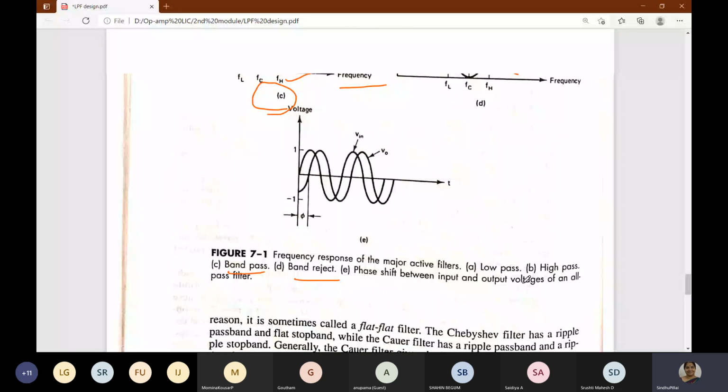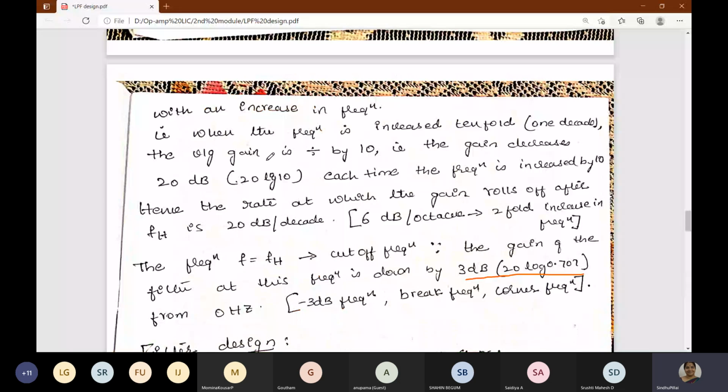So after fh, the gain decreases at a constant rate with increase in frequency. The voltage gain is divided by 10, that is, the gain decreases by 20 decibels, or 20 log 10. All these frequencies are put on the semi-log scale, so they are taken in terms of decades, each time the frequency is increased by 10.